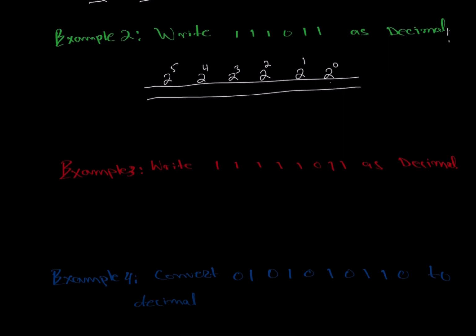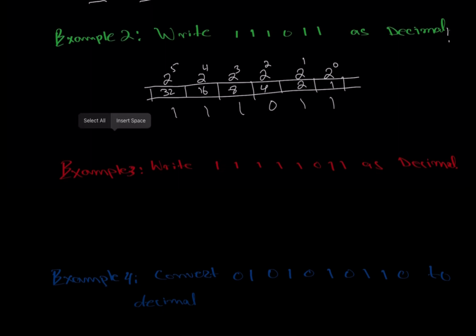Okay, so 2 to the 0 is 1, 2, 4, 8, 16, 32. So you have 1 right here, 1 right there, 1 right there, 0 right there, 1 there, and 1 there.